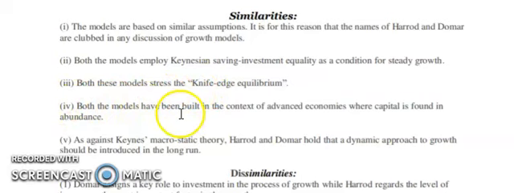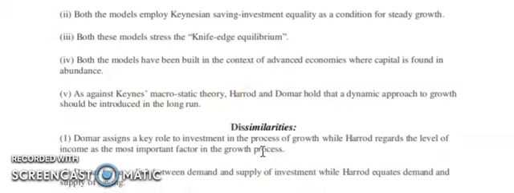Both models stress knife-edge equilibrium. Both models are built in the context of an advanced economy, where there is an abundance of capital. As against the Keynesian macrostatic theory, Harrod and Domar focused on a dynamic approach to growth, which should be introduced in the long run.